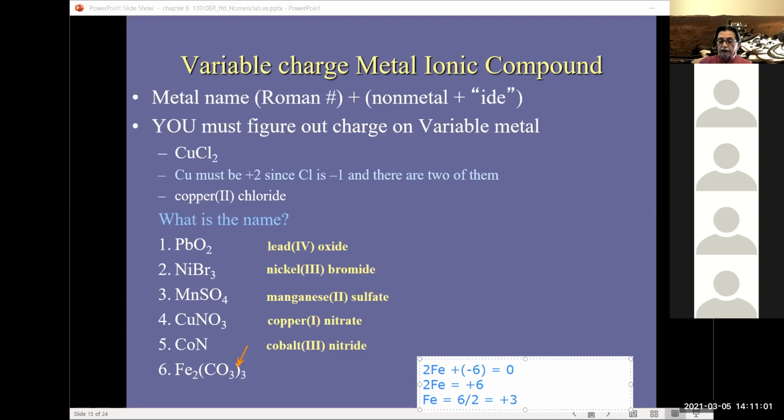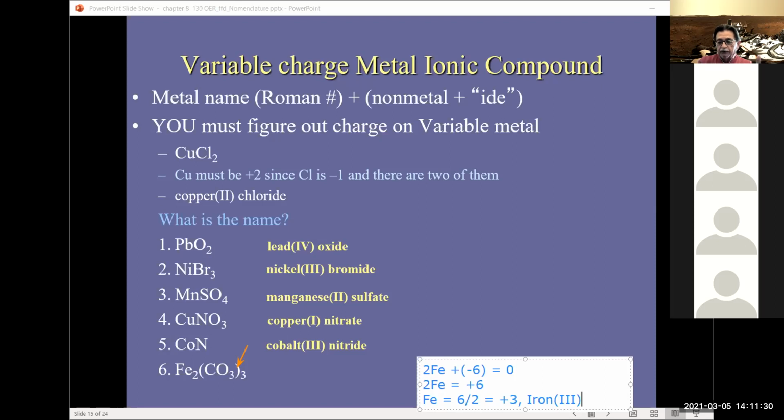And so the iron that is being utilized here has a +3 charge. Therefore I'm using iron Roman numeral 3, and in this case it would be called iron(III) carbonate. But I needed to figure out first which iron I'm using.